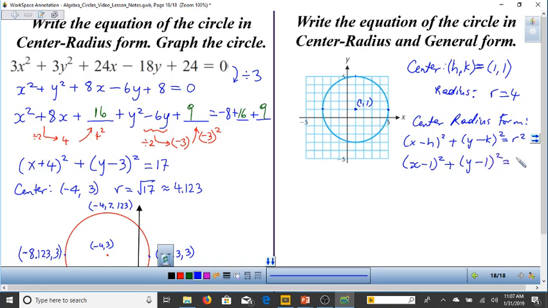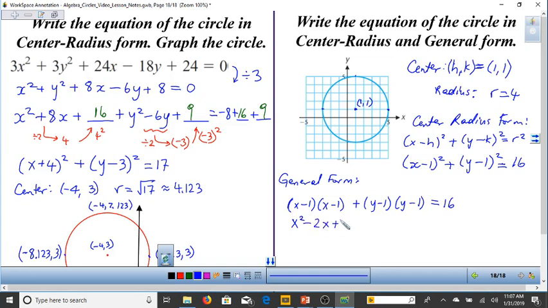Now to get the general form, what we do is we distribute the parentheses. So I'm going to go x minus 1 squared, which means x minus 1 times itself, plus y minus 1 squared, which is y minus 1 times itself, equal to 16. When I distribute the parentheses here, I get x squared minus 1x minus 1x plus 1, and then y squared minus 1y minus 1y plus 1, and then equal to 16.